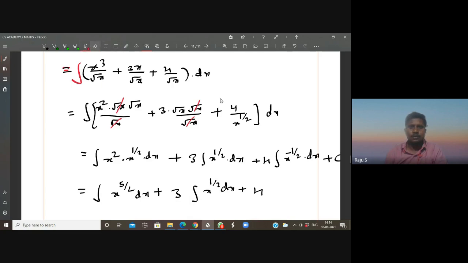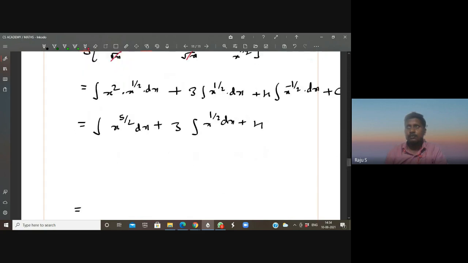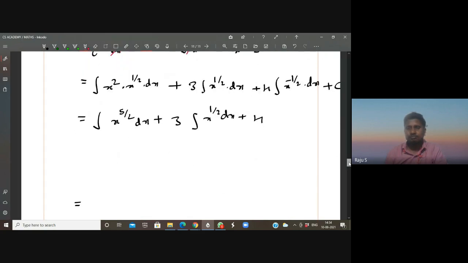Since there is a formula, integral x power n is x power n plus 1 by n plus 1, plus c. Apply this formula here. So x power minus 1 by 2 plus 1 by minus 1 by 2 plus 1.